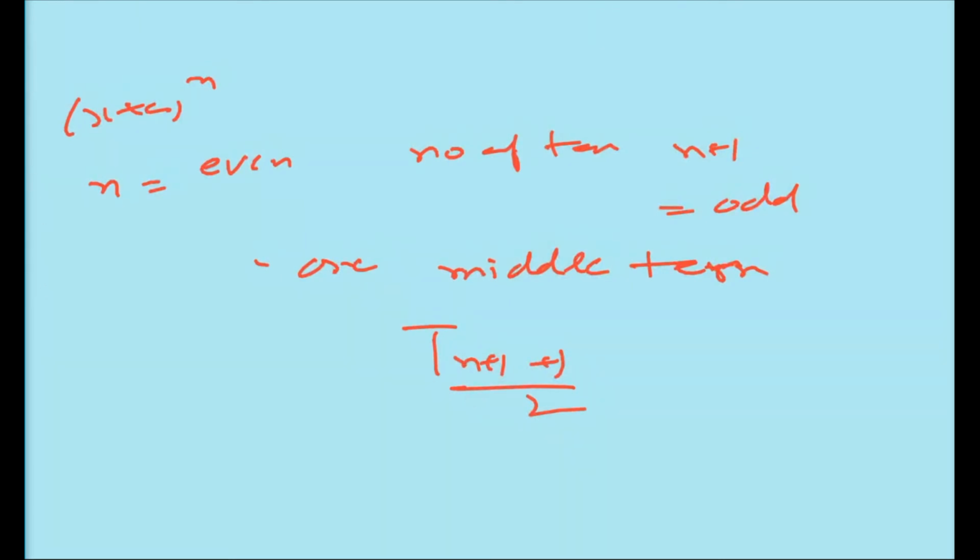So now again, (x plus a) to the power n, the number of terms in the expansion is n plus 1. How can you find this n plus 1? Here there are 2 terms.